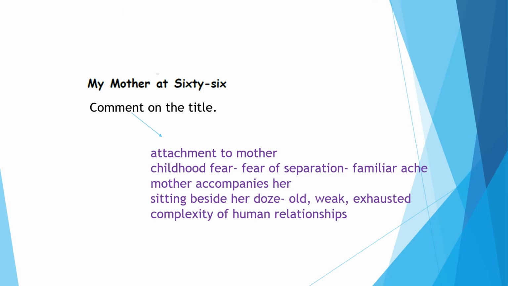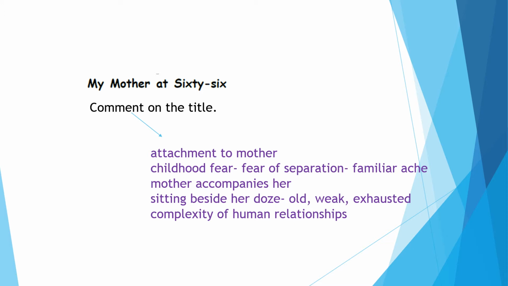If there's a question related to the title, like comment on the title of My Mother's 66, you see that the poem is all about the poet's relationship with her mother, the complexity of human relationships, her attachment to her mother, and her childhood fear, the fear of separation.